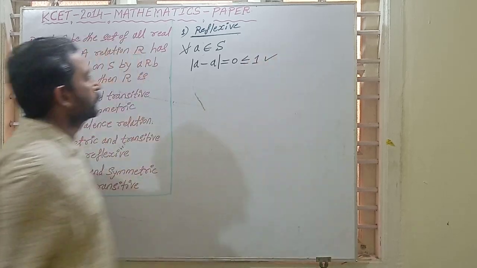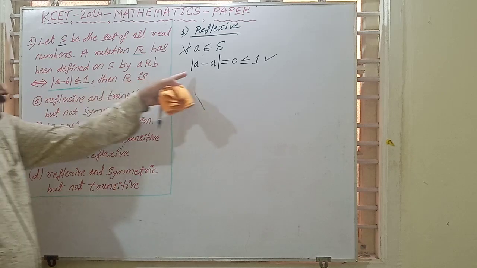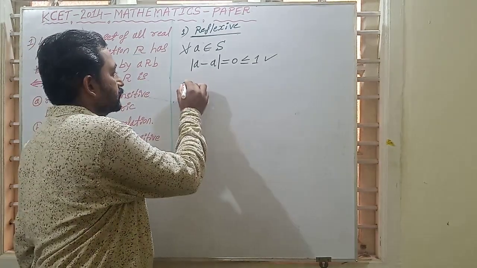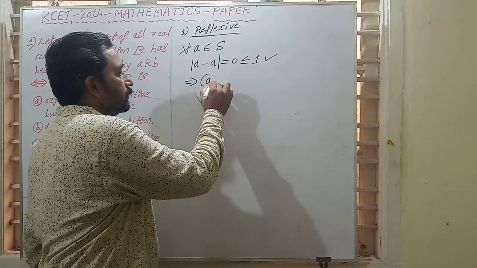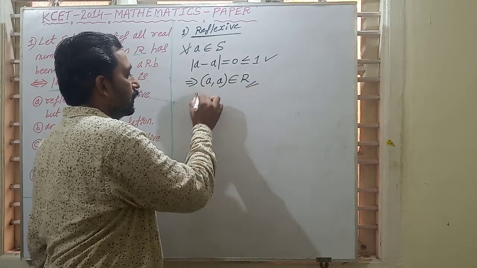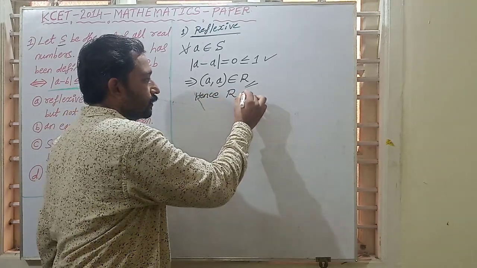It is correct. Because modulus of A minus B is less than or equal to 1, hence modulus of A minus A is equal to 0, which is less than or equal to 1. So this implies (A, A) belongs to R. Hence R is reflexive.